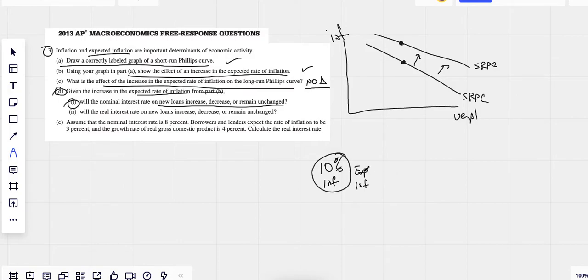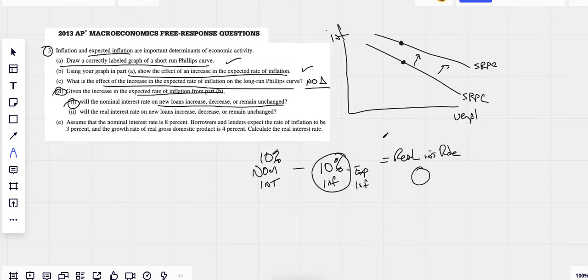Well, if you weren't looking to make any money, you would charge a nominal interest rate of 10%. Because if your interest rate is 10%, we subtract the inflation from that, and that gives us our real interest rate, which in this instance would be 0.